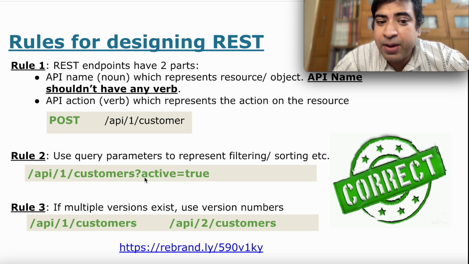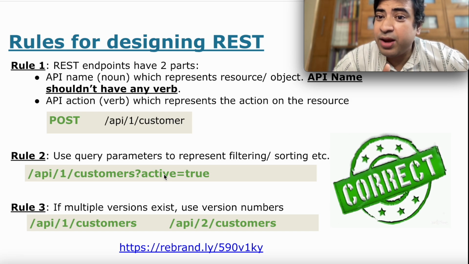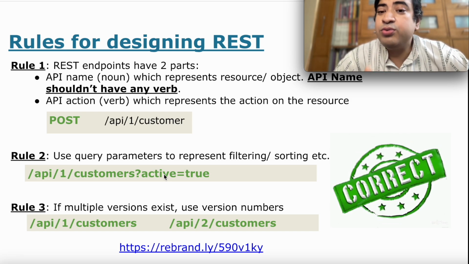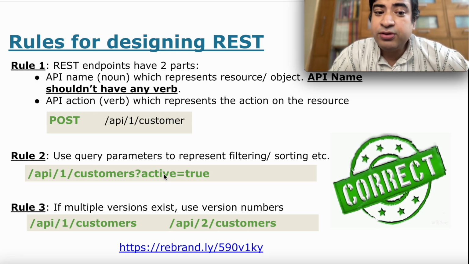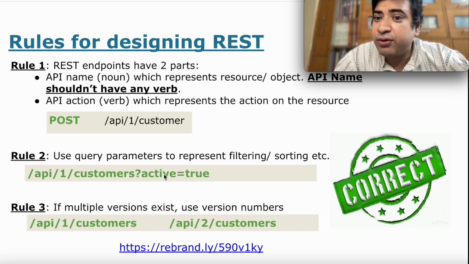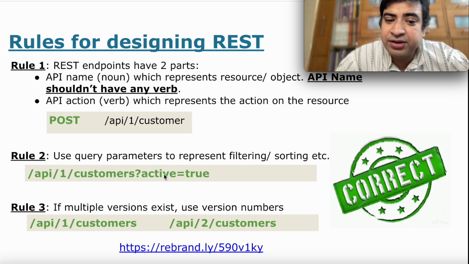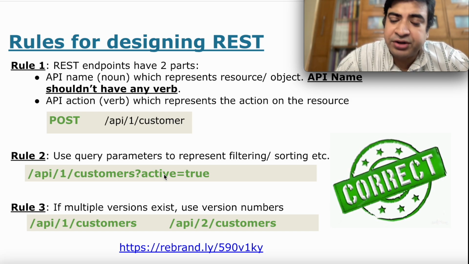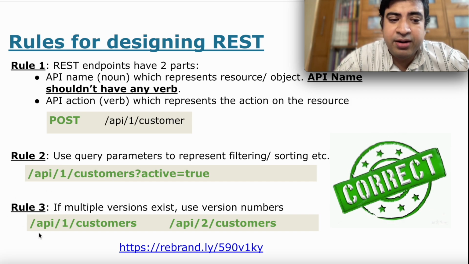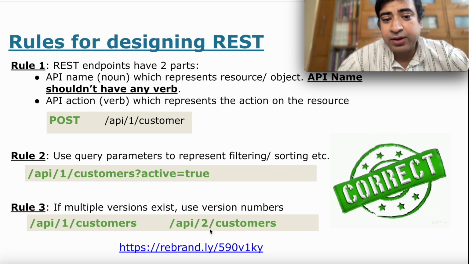So here the query parameter is active equal to true, where active is the query parameter name and true is the value. So use query parameters judiciously to represent any kind of filtering or sorting. And third is, if multiple versions exist, use a version number, like I have given here, API 1 or API 2, like that.